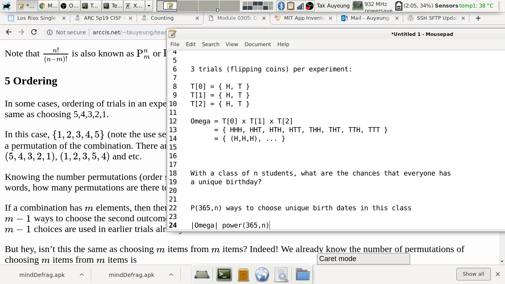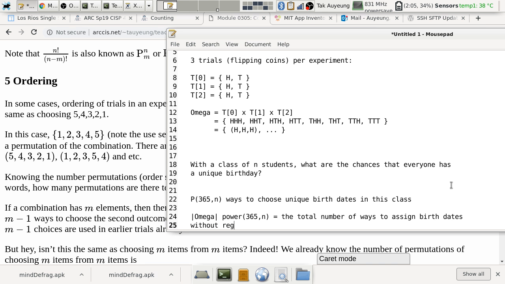Is that okay? So this is the total number of ways to assign birth dates without any type of restrictions.